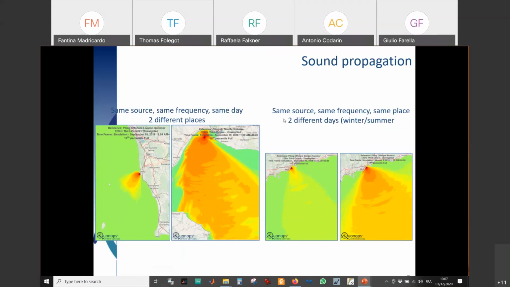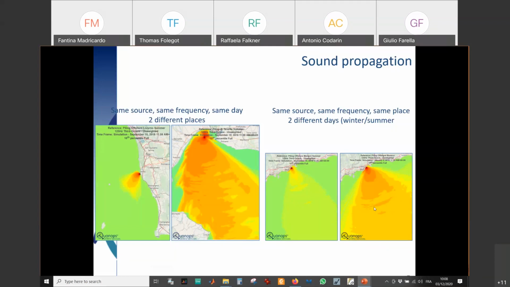On the right, again, two maps here, same source, same frequency, same place, but 2 different days. One is in winter, the other one is in summer. And you can see that although you inject in the environment the same amount of energy at the source, the propagation is going to be very different, and the distribution of the sound around the source is going to be very different.